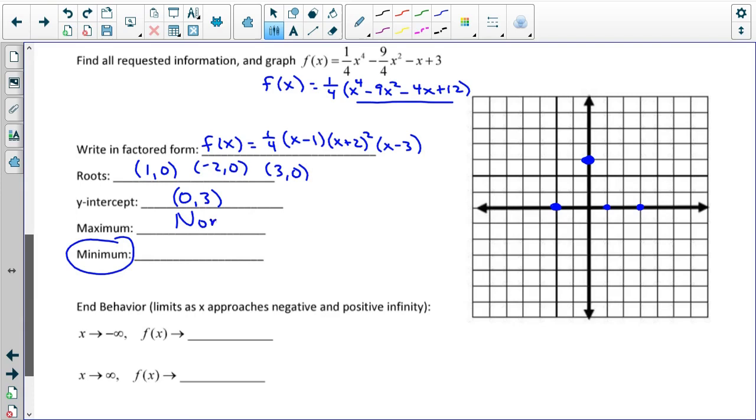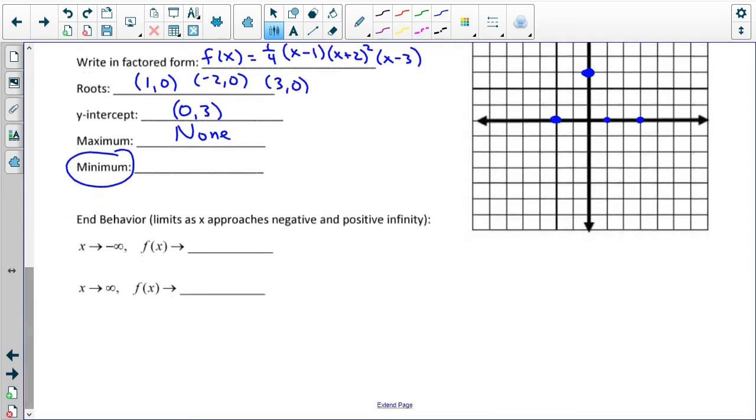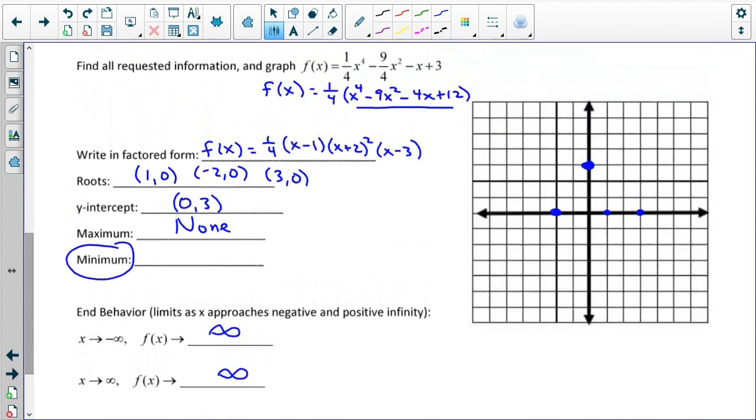I should have no maximum, because notice that even though it's still x to the fourth, now my leading coefficient is positive. So the x to the fourth should result in a graph that looks something like this, where it's going up in both directions. Then I have the double root at -2.